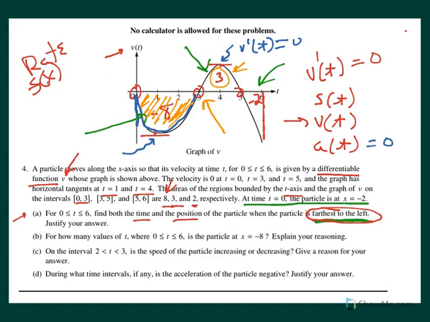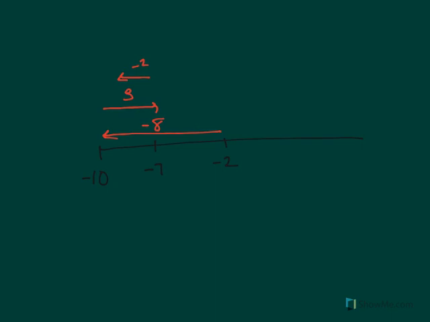And if it helps, you could even put what we did on our number line into a chart. So if we did time and position, at t equals 0, they said we had a starting position of -2.